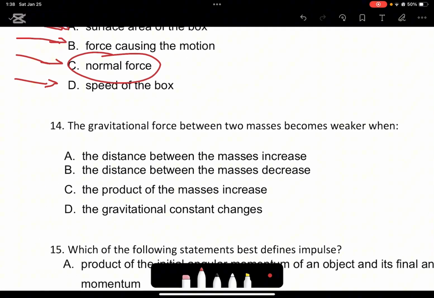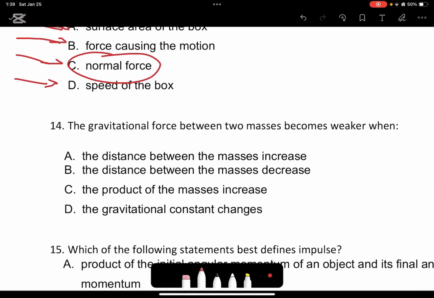The gravitational force between two masses becomes weaker when the distance between the masses increases or decreases, or the product of mass increases, or the gravitational constant changes. So the gravitational force is the force that pulls you from the surface toward the Earth's core, or wherever there's a gravitational pull.